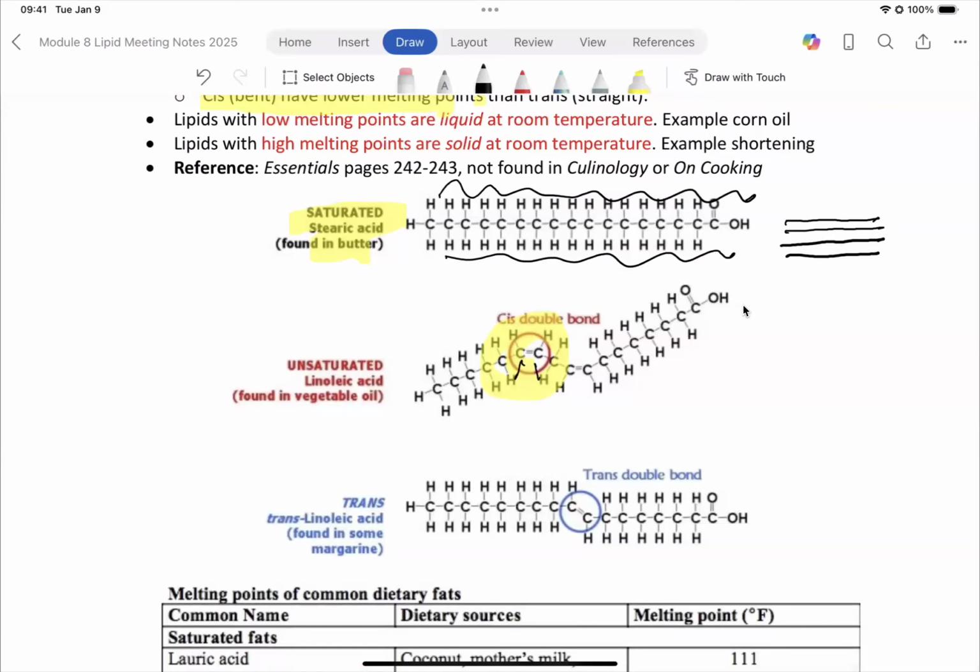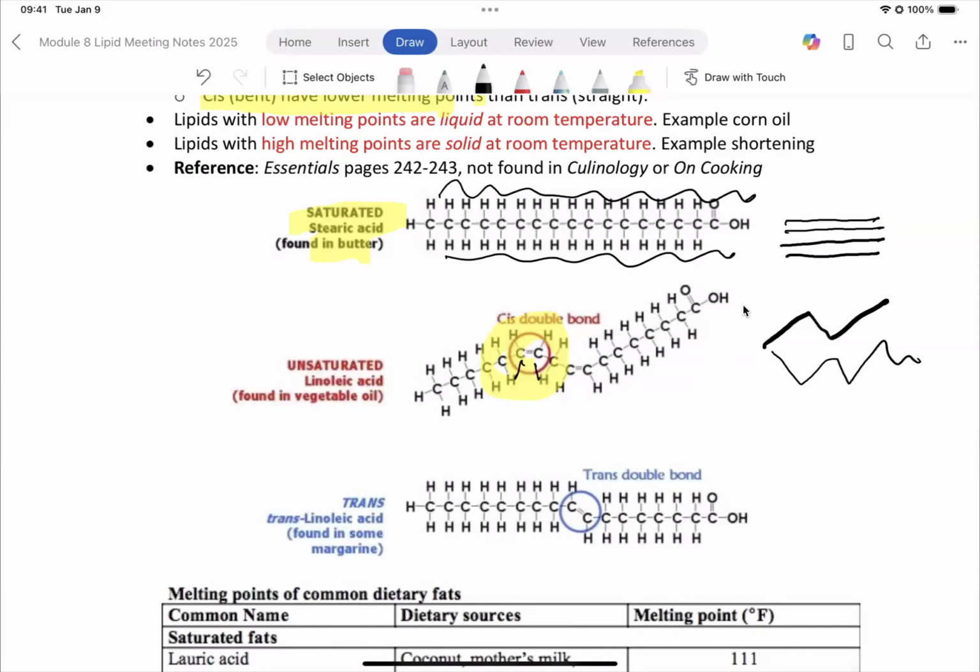And every time there's a double bond, there's a bend in the fatty acid, right? So instead of laying flat like this, they don't lay flat, right? So if they don't lay flat, it's more liquid.